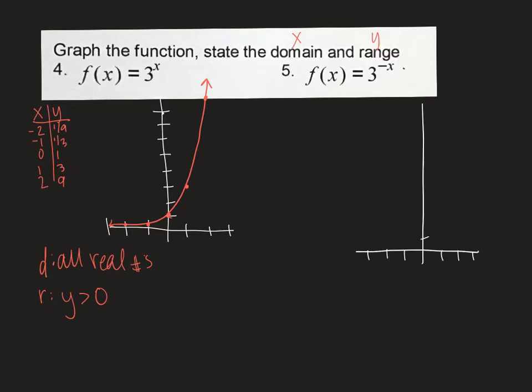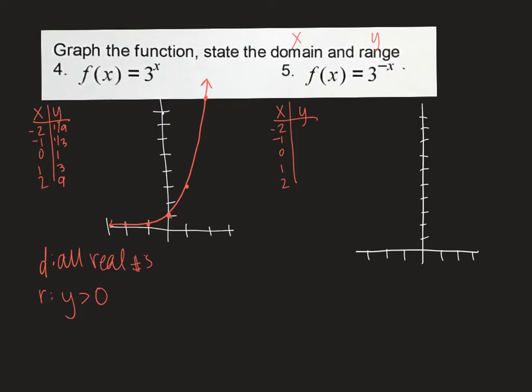So I'm going to start by making my graph. And then I'm going to use the same x values that I used before, negative 2 to positive 2. But it's a 3 to the negative x. So when I plug in negative 2, 3 to the negative second, 2 negatives make a positive.